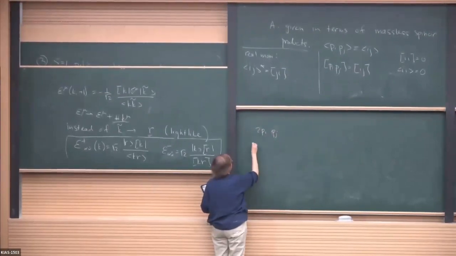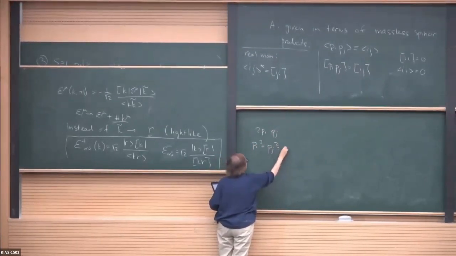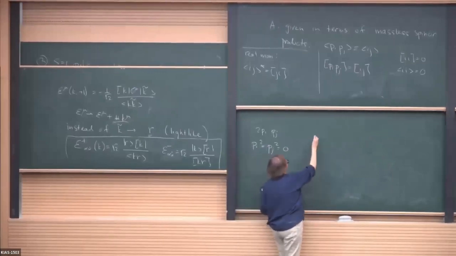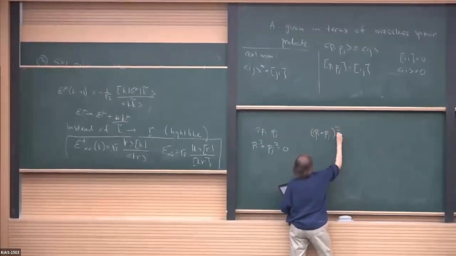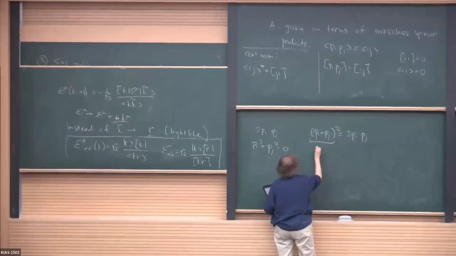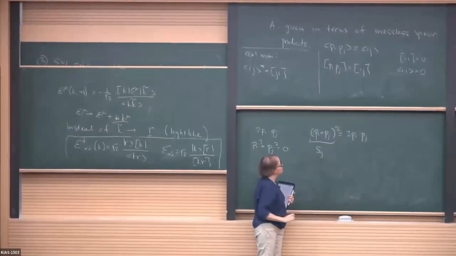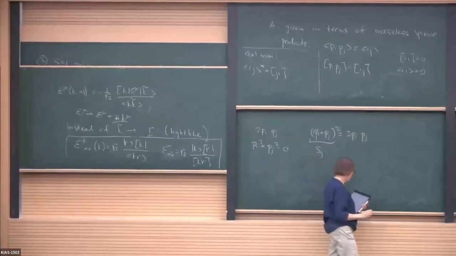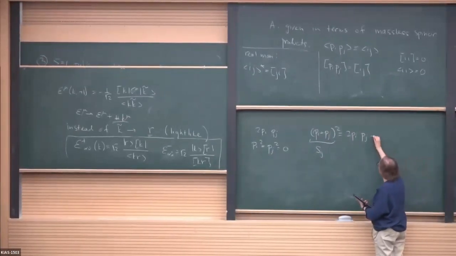Why am I interested in this? Because if my pi and pj squared are 0, then pi plus pj squared is 2 pi dot pj. This is the thing that we often call Sij, the Mandelstam ij. And then I can write this in the following form.